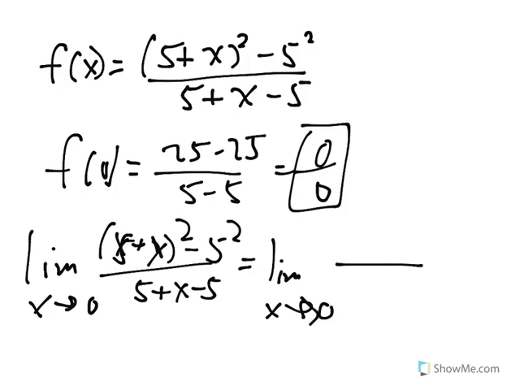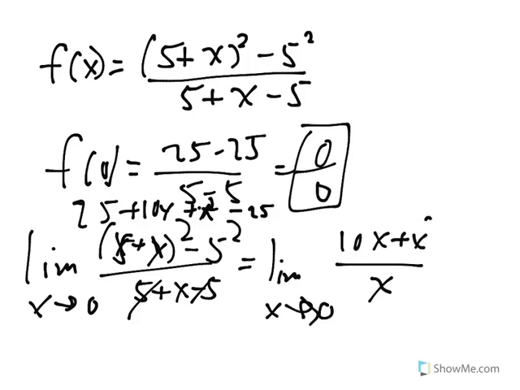The denominator just ends up becoming x because the 5's cancel out. The numerator becomes 25 plus 10x plus x squared, and this 5 squared becomes 25. So we get 10x plus x squared.